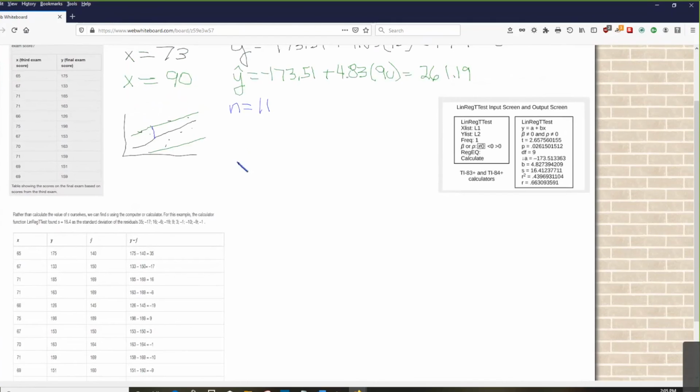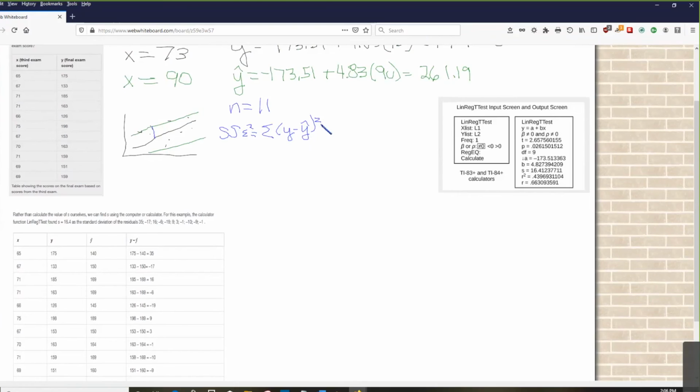And then our formula for the sum of the squared errors is going to be the sum of our epsilon squared, which is just the summation of the squared differences between the data point and the line.